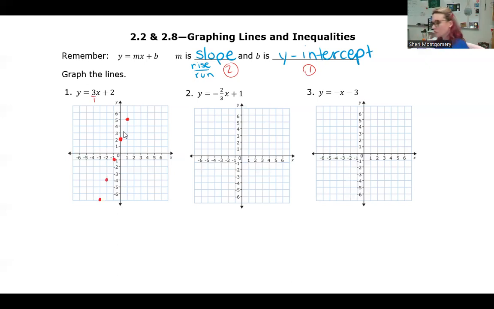Now all I've got to do is draw a line through them. This is where I'm going to try really hard to make it match up.